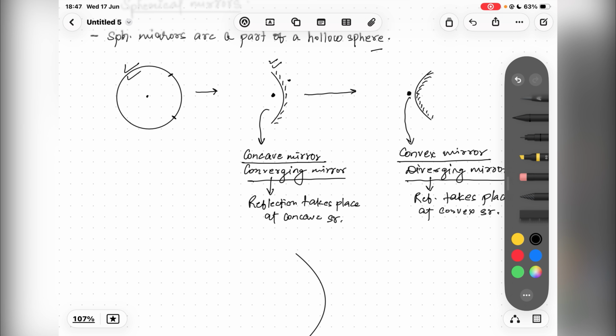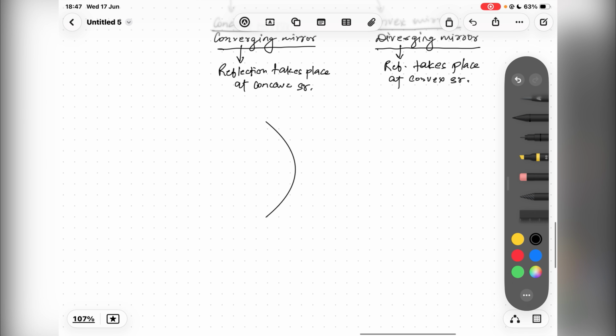So this sphere had a center. So this mirror will also have a center, let's say here, and this will be called the center of curvature of the mirror, denoted by C.